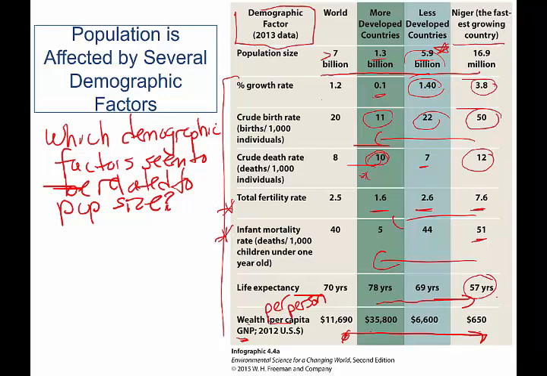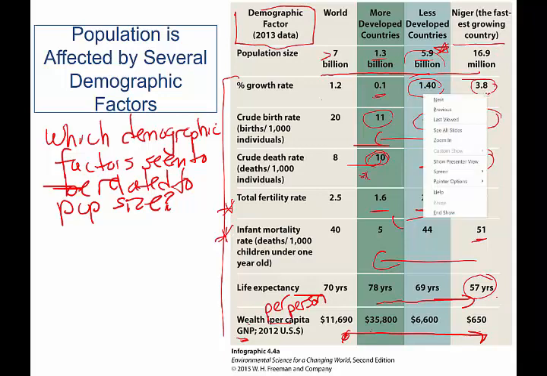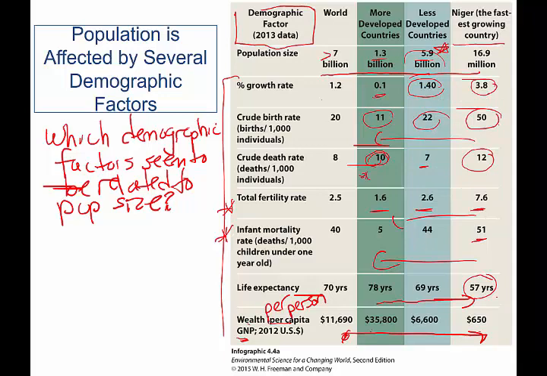But clearly, you're seeing the highest growth rate, the highest birth rate, the highest death rate, the highest fertility rate and the highest mortality rate in countries that have the highest percent growth.